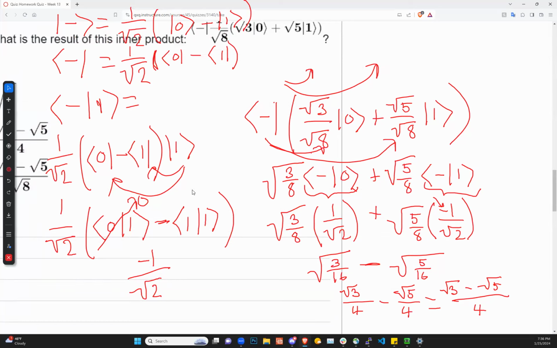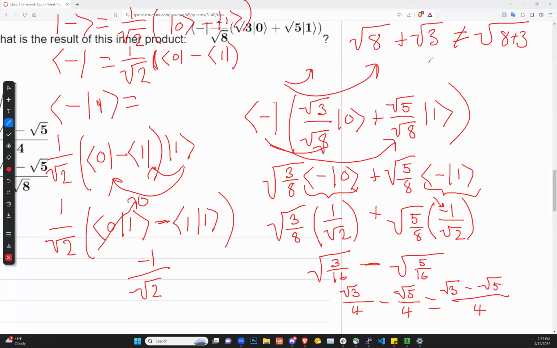Anything in square roots, you can do operations with each other. Not quite. You can't add things in square roots. For example, the square root of 8 plus the square root of 3 does not equal the square root of 8 plus 3. But multiplication is kind of special.